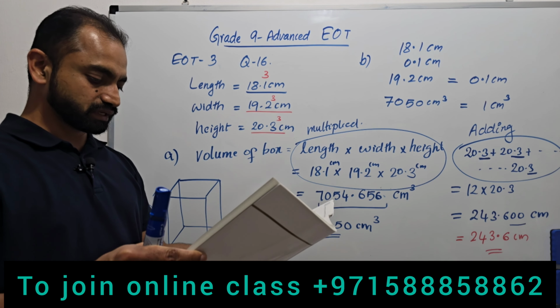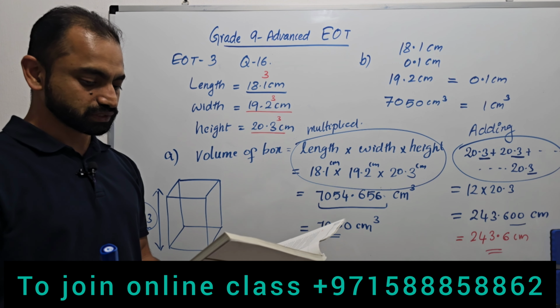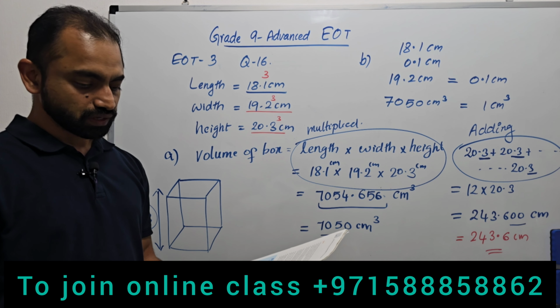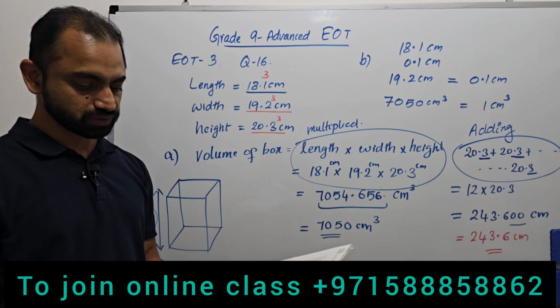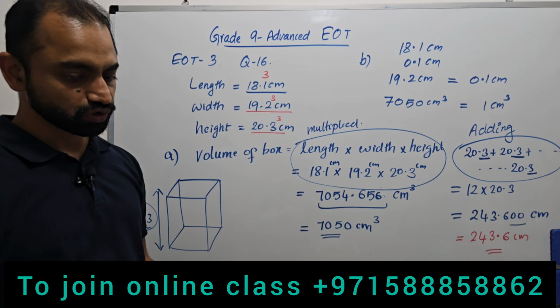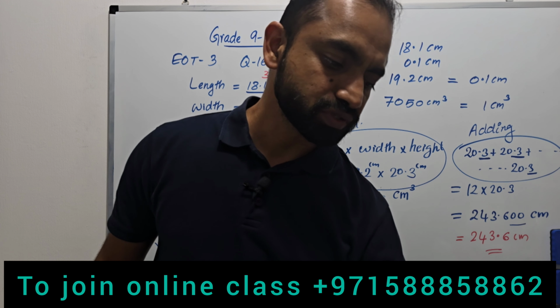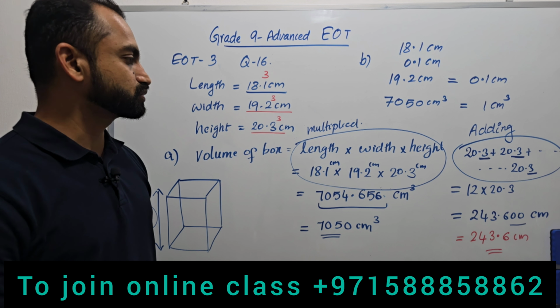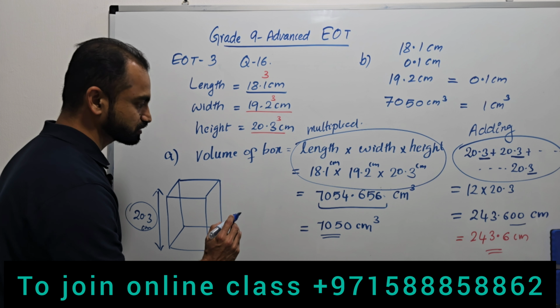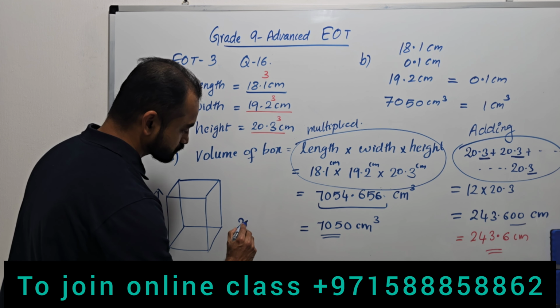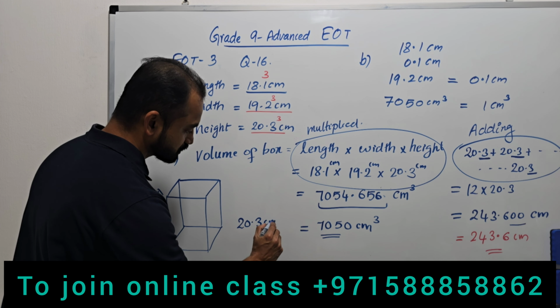Okay, the next part D of the question: how precise is the measurement of the height of one box of the 12 boxes? The precision of the height of one box, 20.3, right? One box height is 20.3 centimeter.